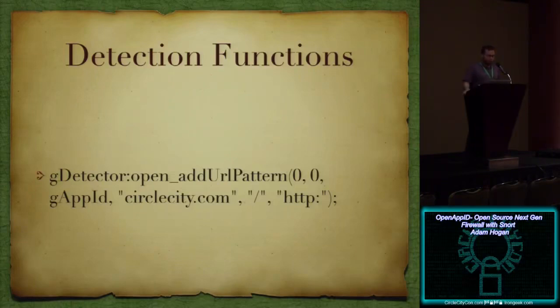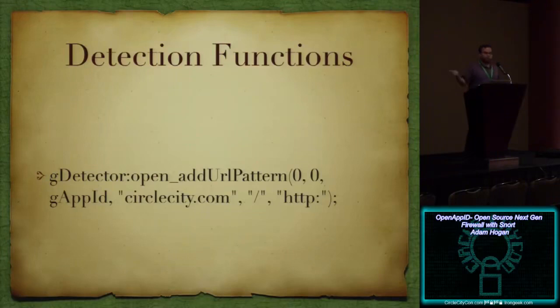So what we're doing is using this add URL pattern function to specify a URL pattern. All I really have to do is specify CircleCityCon.com. Right there, you see after that is just a forward slash. If you wanted to include a subdirectory in the URL, we could do that. And then the last part of the HTTP is just, where are we going to see it at the beginning of the URL, right? So if I just want to track who's going to CircleCityCon, this is enough to get me going. This will now register.